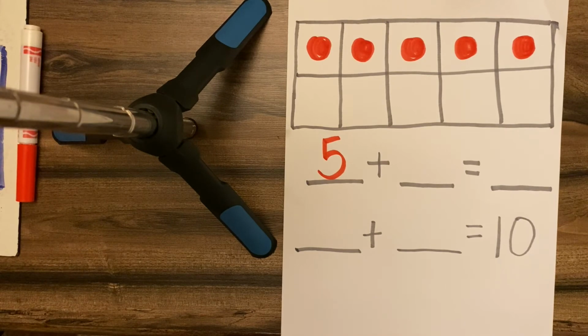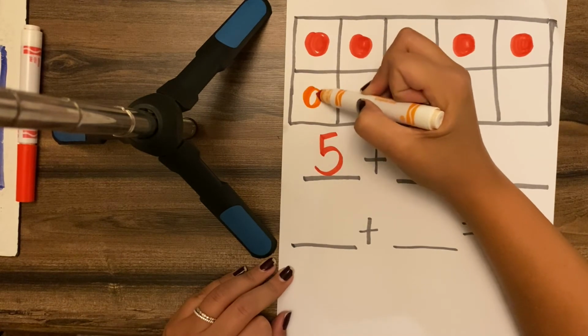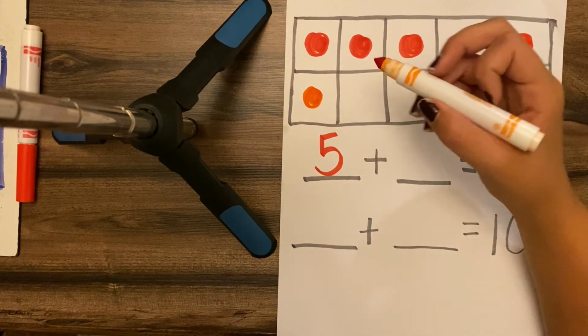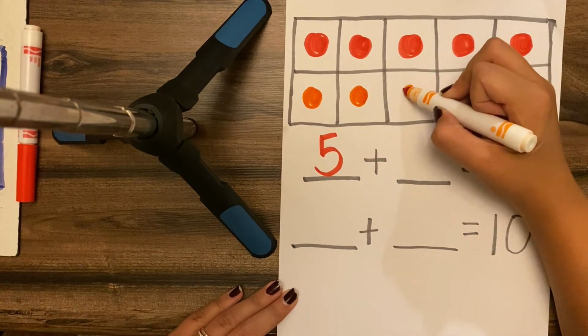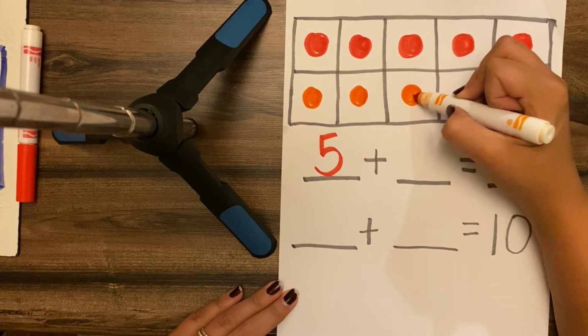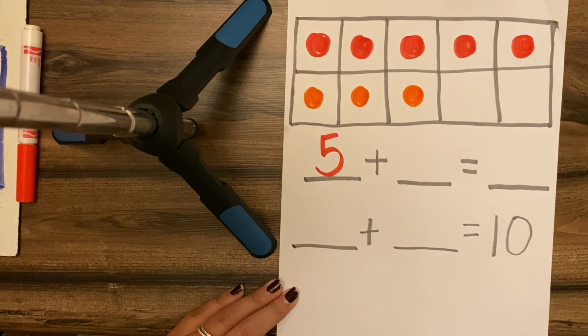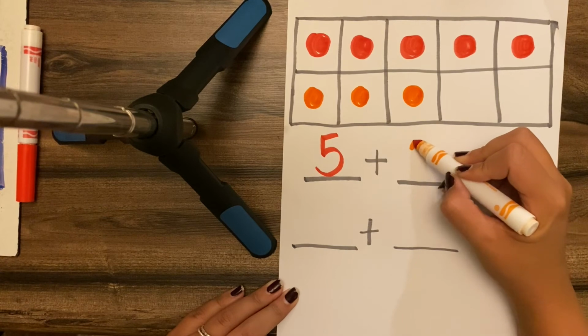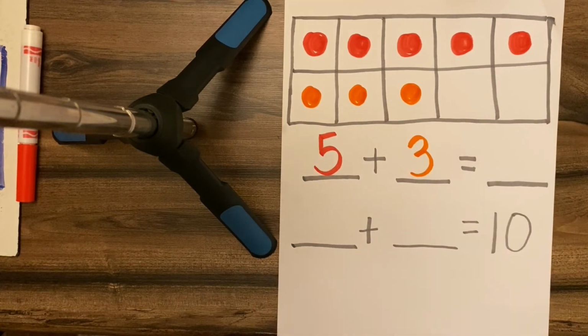Okay, we're going to add 3 more counters on the bottom. 1, 2, 3. How many counters did I add on the bottom? 3. That's our next number. 5 counters plus 3 more counters.